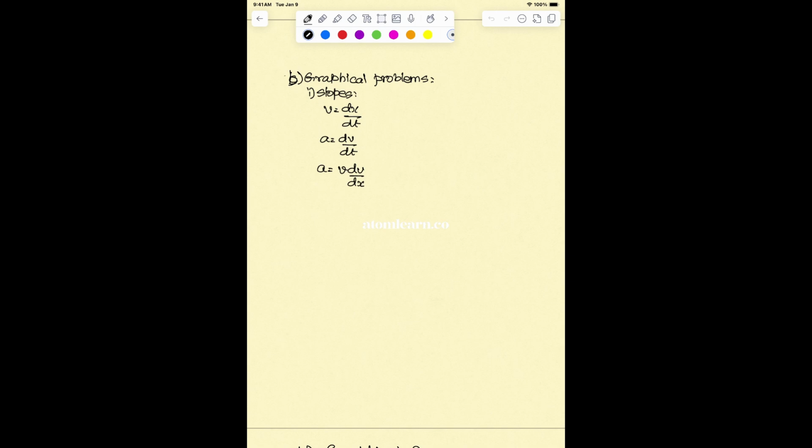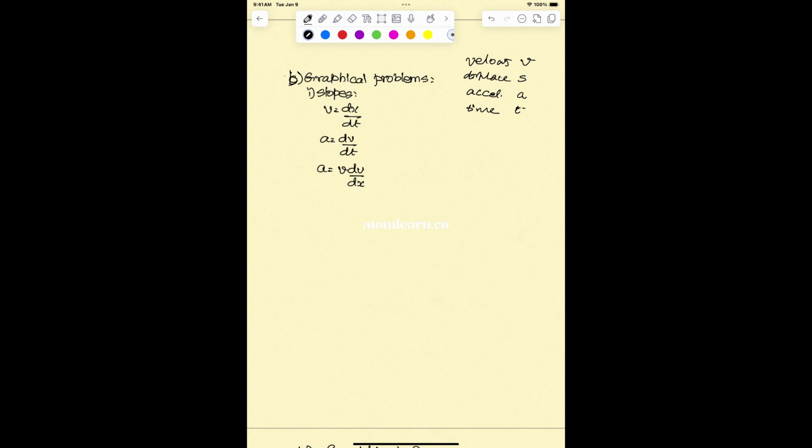As you know already, the variables involved in this one-dimensional motion are velocity, symbol V, displacement, symbol S, acceleration, symbol A, and of course the independent variable, usually time t.